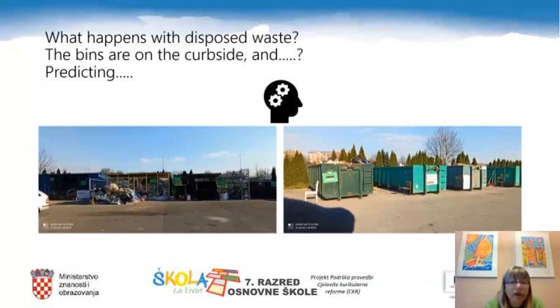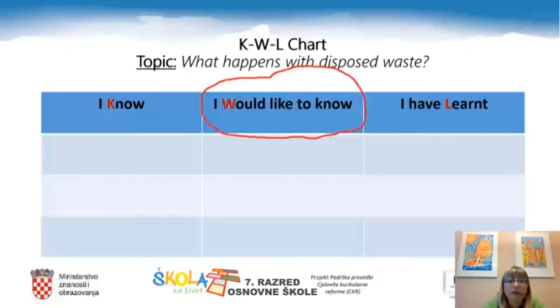After we have revised, let's do some predicting now. Well, you disposed your waste. The bins are on the curbside. And what happens then with it? For this activity, use your KWL chart again, but this time write your predictions in the second section of the chart, the column I would like to know.